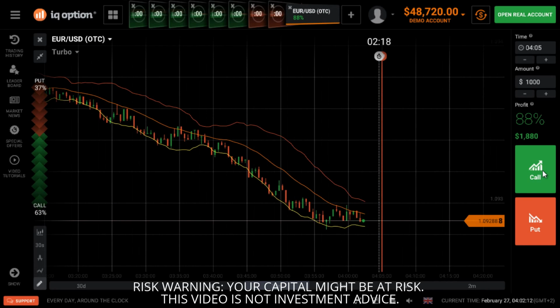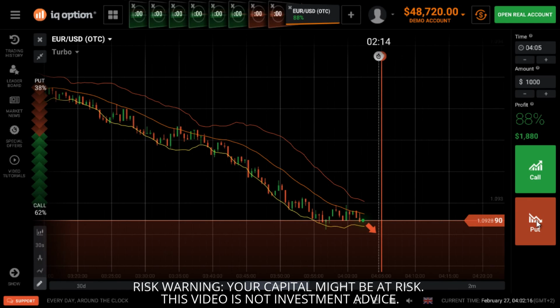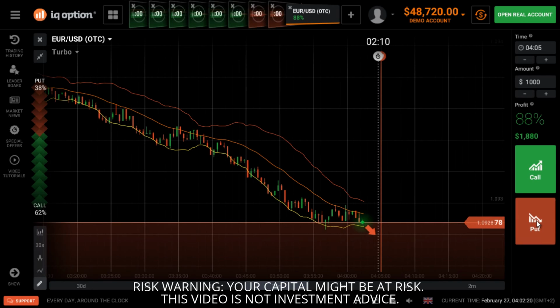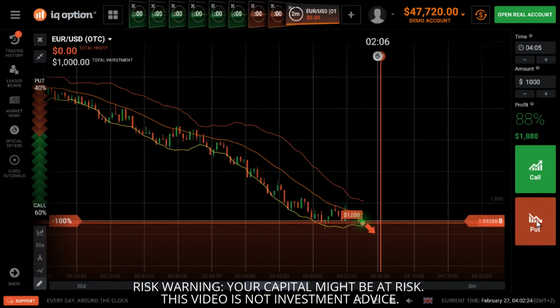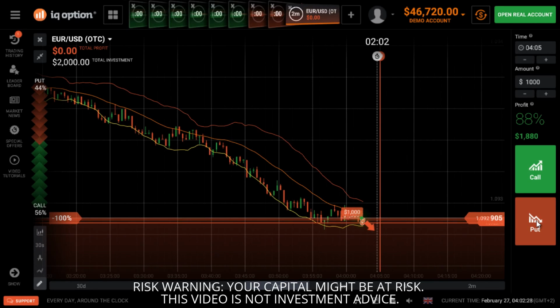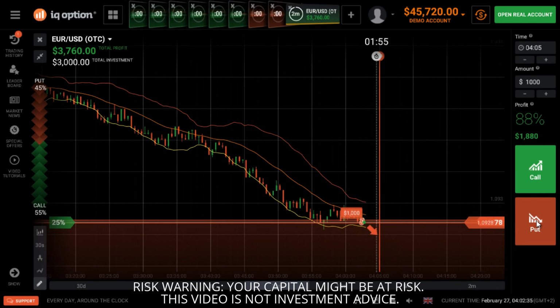Probably one more trade on this particular euro falling. I think it's going to be reversed soon, or reversed for a while, and then it may continue the euro falling again.